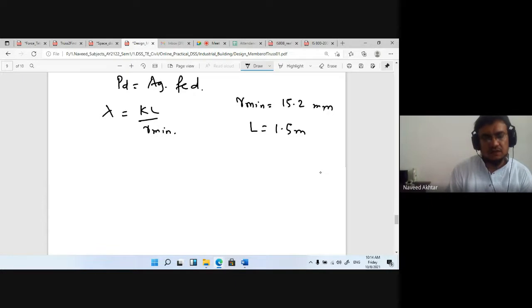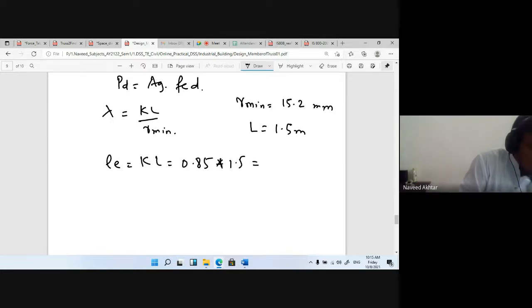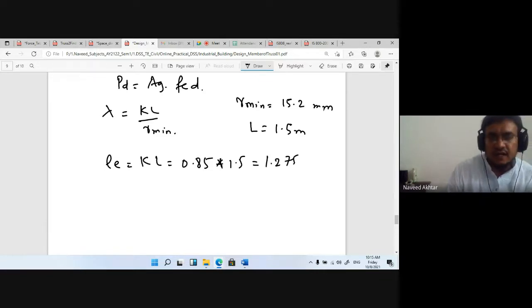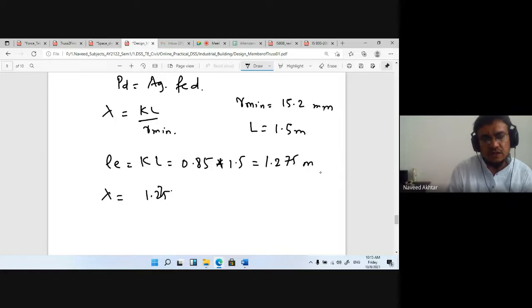So the effective length LE is equal to K into L, 0.85 into 1.5, which is 1.275 meter. So lambda is equal to 1.275 into 10 raised to 3 mm divided by 15.2 mm. This is dimensionless.